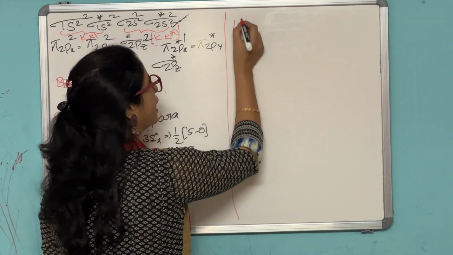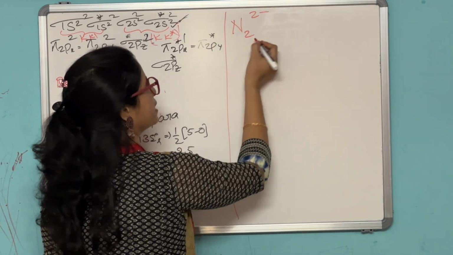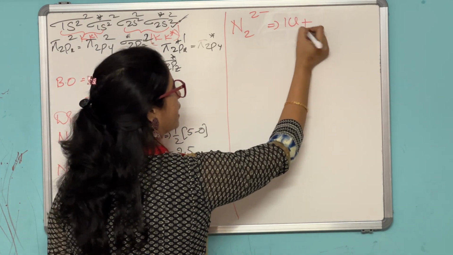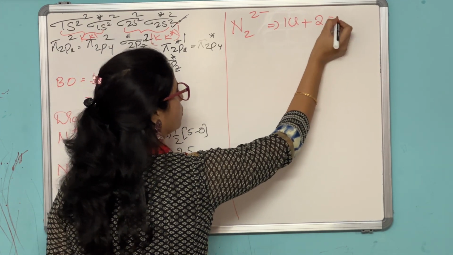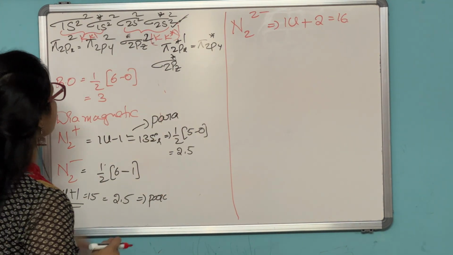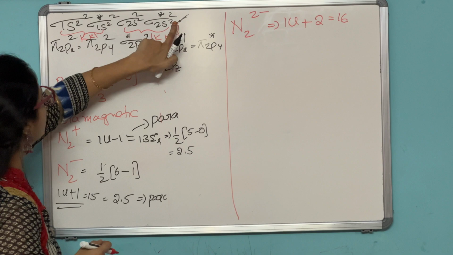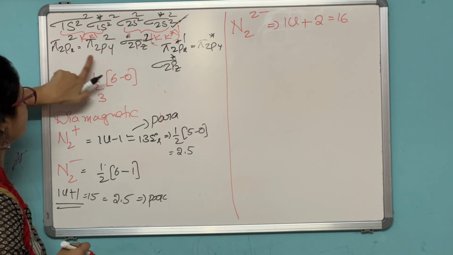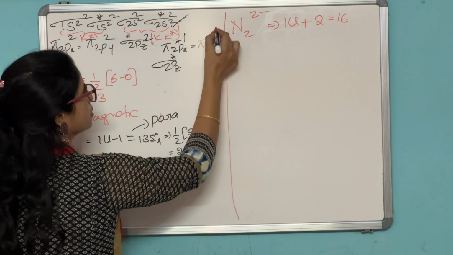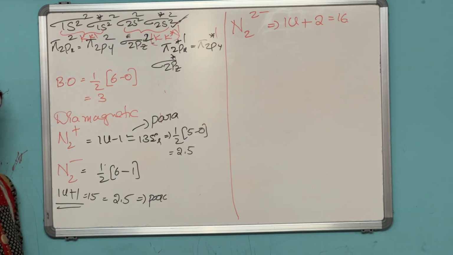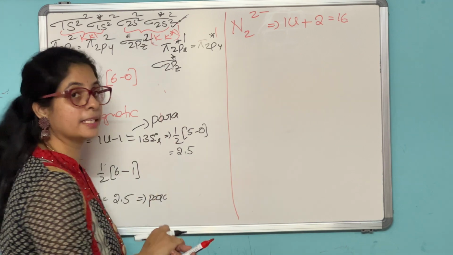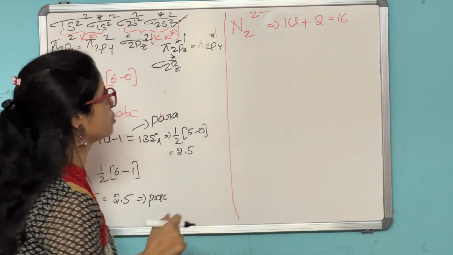Now next you calculate for N2 2 minus. N2 2 minus is formed by adding 2 electrons to N2, so altogether 16 electrons. Write down the electronic configuration: 8, 9, 10, 11, 12, 13, 14, 15, 16. And these two are degenerate, no? We have to follow those rules.